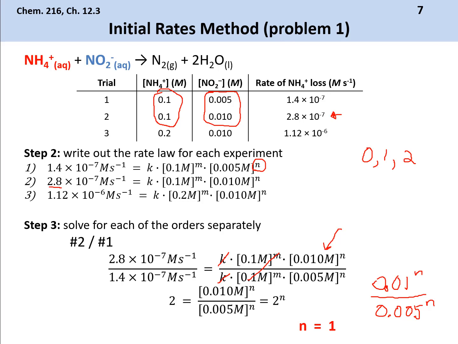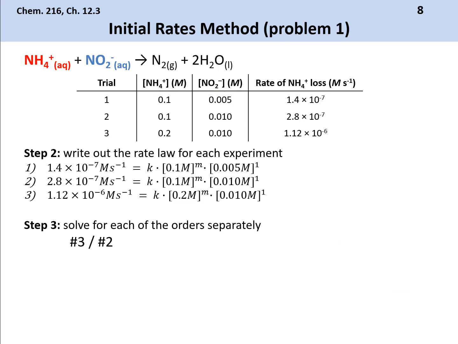So now I can plug the fact that n equals 1 into those 3 equations I had earlier. I have those 3 equations, and now I know that n, which used to be right here, is now 1. Now I can use this to try to find m.